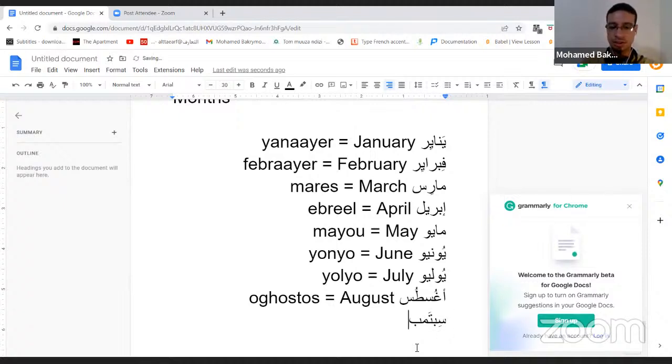It's pronounced the same as September, but the difference, of course, is that we don't have the letter P in Arabic, so we pronounce it like B. So this is September.